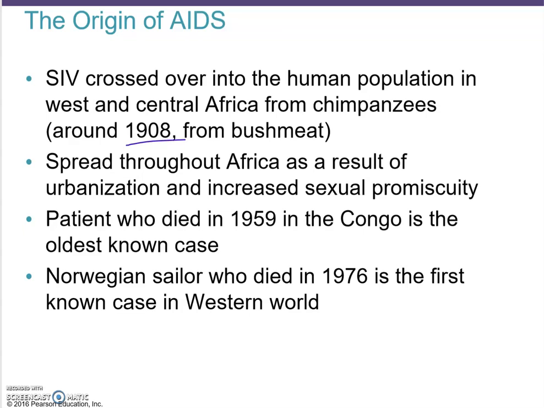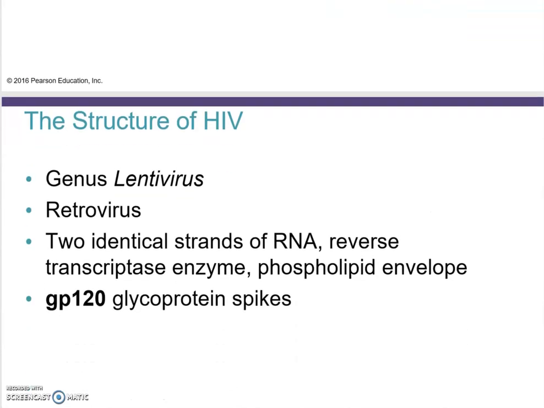Every now and then they're taking somebody out of their grave and checking for potential HIV that was present already. But so far, the first known patient that died from HIV is some person in the Congo in 1959. And then in the Western world, supposedly the first known case, some Norwegian sailor who died in 1976.